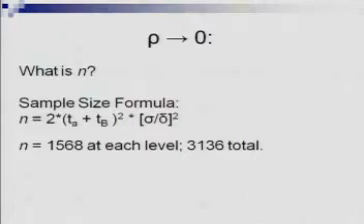So in total I have 3,136, divided by 4, and that's what each city gets. That's under the old approach. Under the new approach, we have to think about what the real sample size is. In this case, I can run it through that simple formula, and I see I have 784.